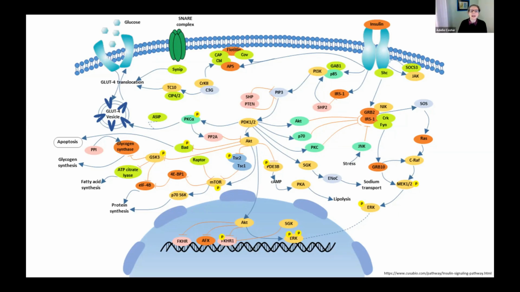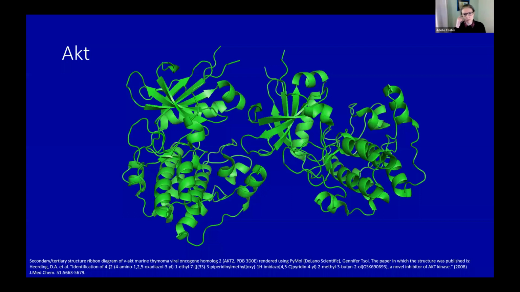And the first one is AKT. Now, there's actually 3 isoforms of AKT, and I'm just illustrating AKT2 here because it's the particular form of this biochemical component which is important in metabolism. So this is one of the key critical nodes. It has a lot of crosstalk actions.